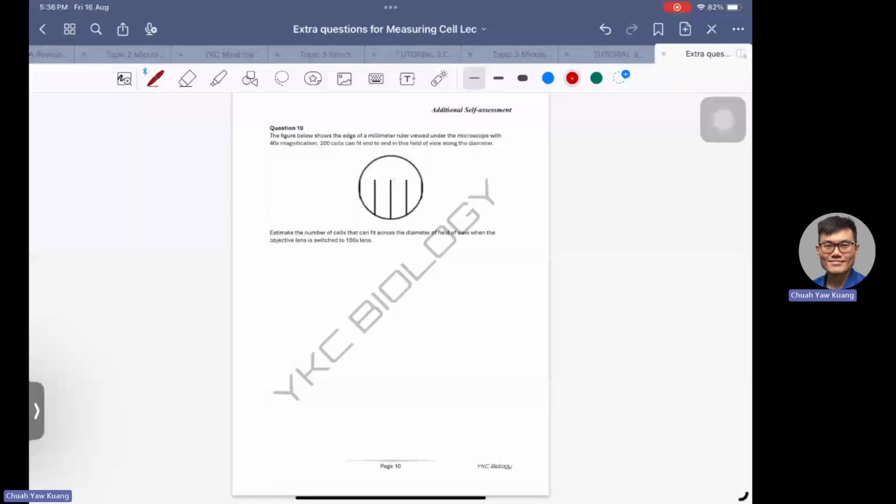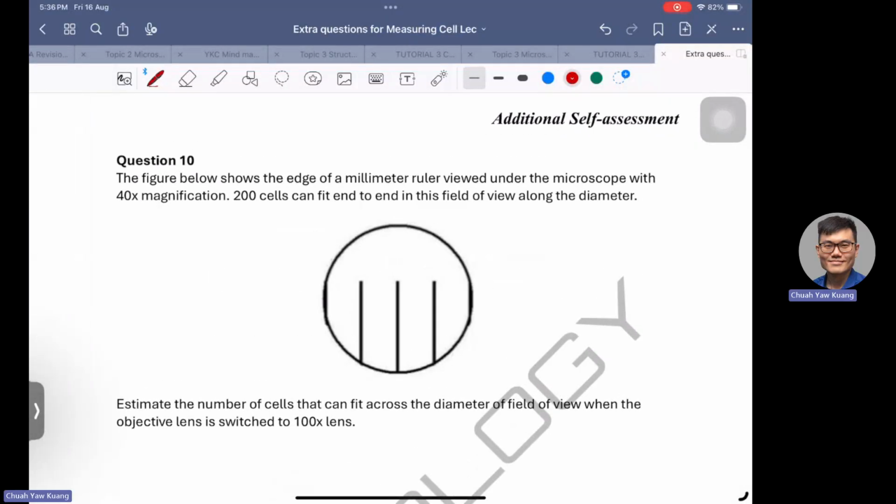Question number 10 is a question that involves critical thinking and also some concept of the FOV and magnification. One of the special things in this question number 10 is that it is using the millimeter ruler.